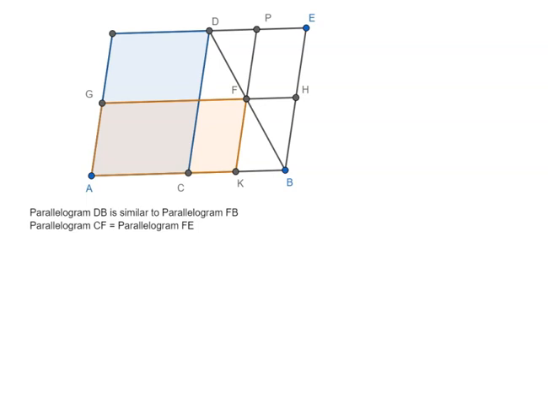Now let's add FB to both the sides of this equality. So parallelogram CF plus FB is equal to parallelogram FE plus parallelogram FB. Since we are adding the same thing to two equal things, the result will also be equal.